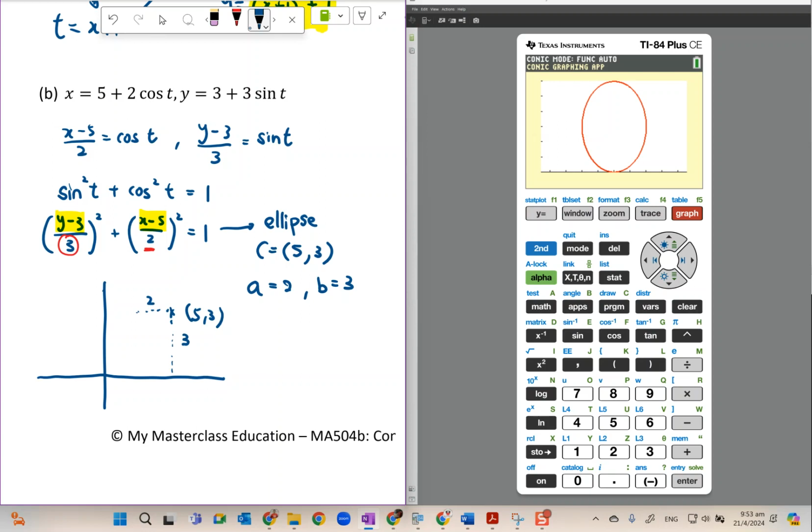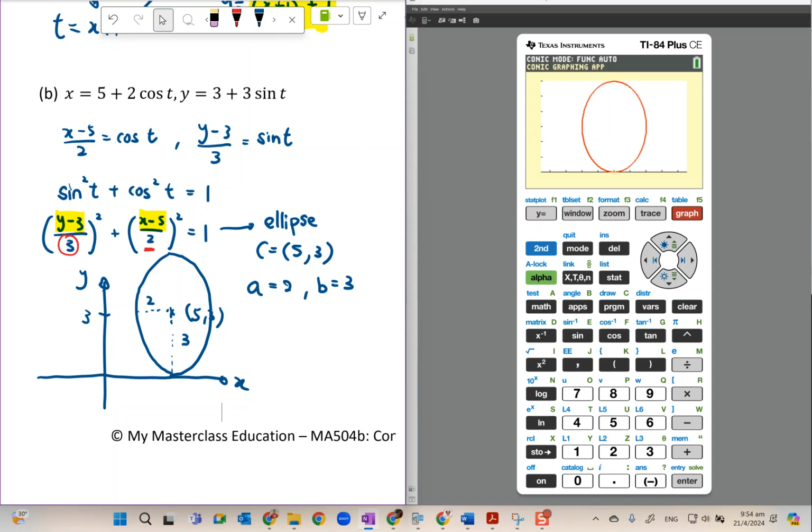Usually they will trick you like this, because can you see, because this is the y coordinate and the vertical distance is 3, it is going to hit touching this point over here, and this is how you are going to draw a conic, right? You must identify not just the center, you must also identify the a and the b in order to draw a conic properly. Okay?